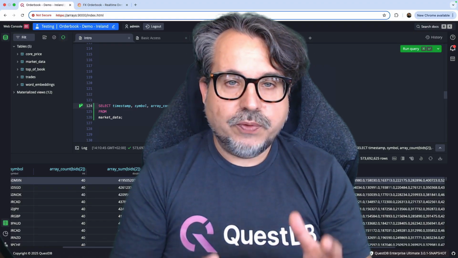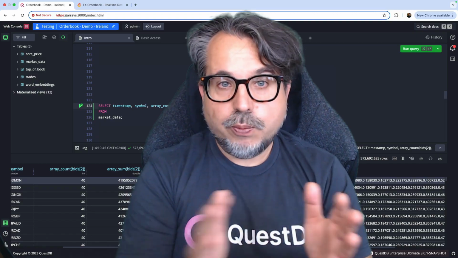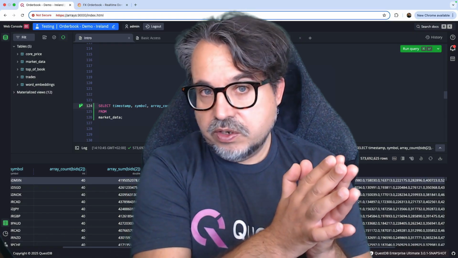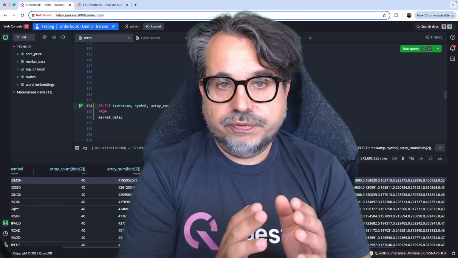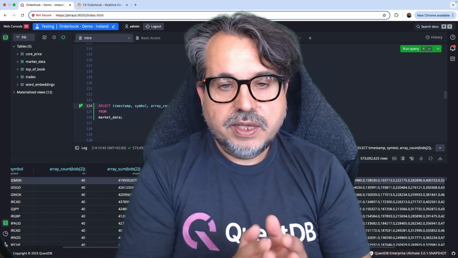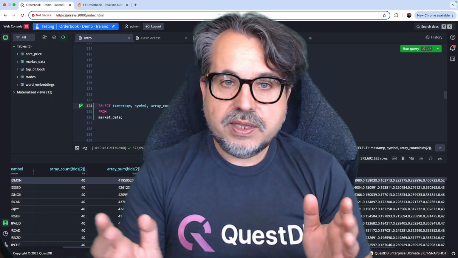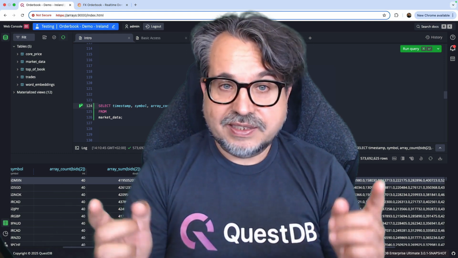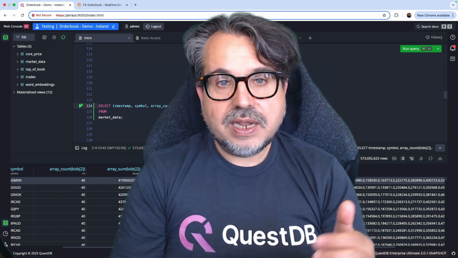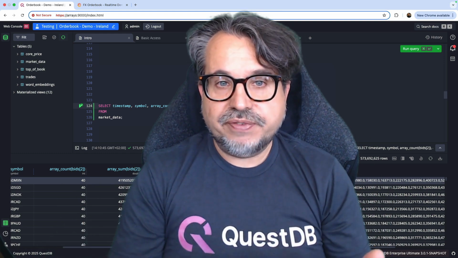So basically, we store arrays in consecutive chunks of memory or disk storage, in which all the data for all the dimensions of the array is stored continuously as a single block. So accessing and working with the data is very fast.